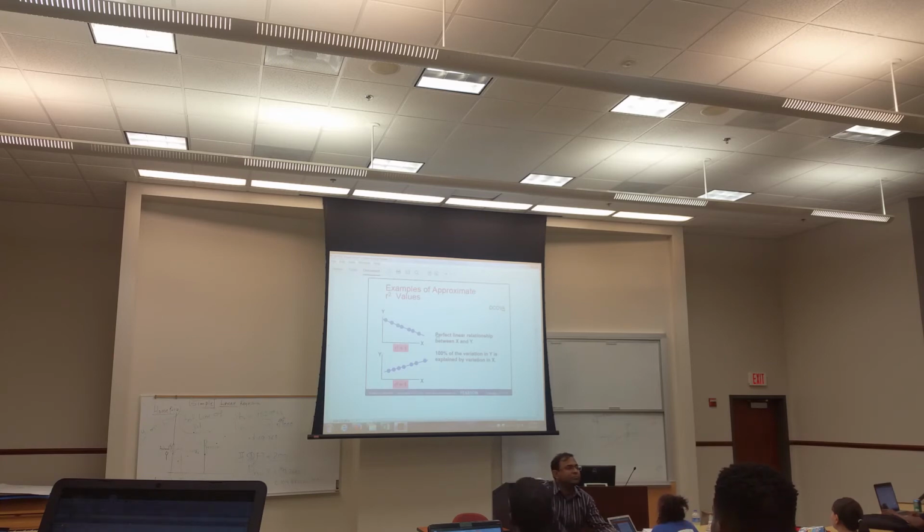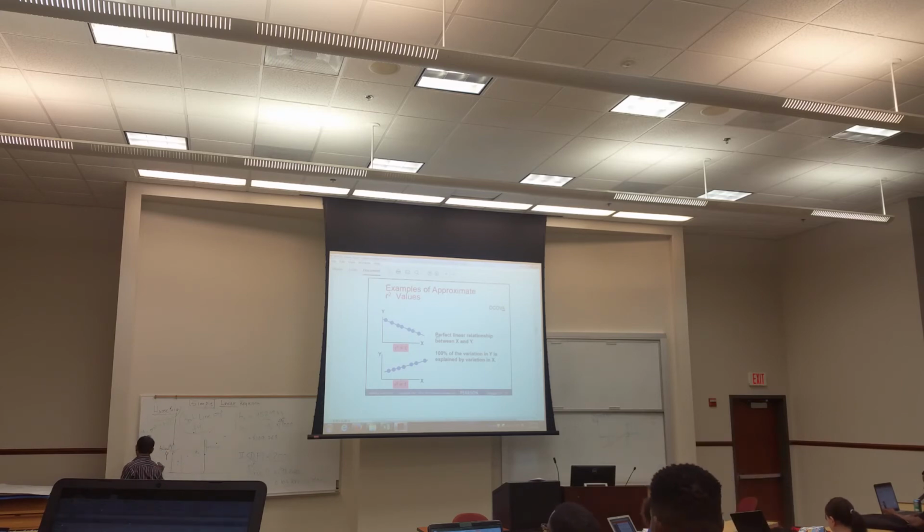Because it's squared, you can't go negative. All right, let me say this. The R squared can never go negative, it's squared. It can range between 0 and 1. So why is it 1 in this case? So what is R squared?